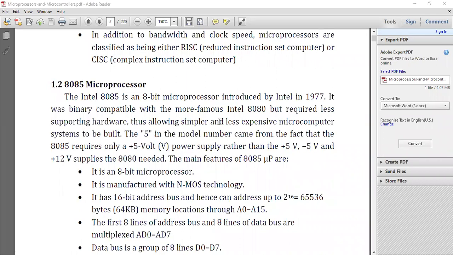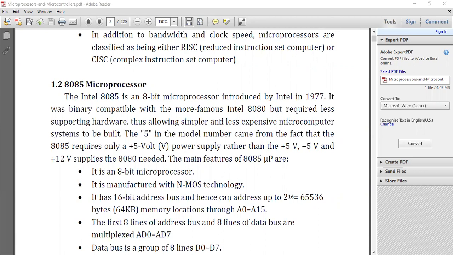So 8085 is an 8-bit microprocessor which was introduced by Intel in 1977. It was binary compatible with the more famous Intel 8086, but requires very little supporting hardware.